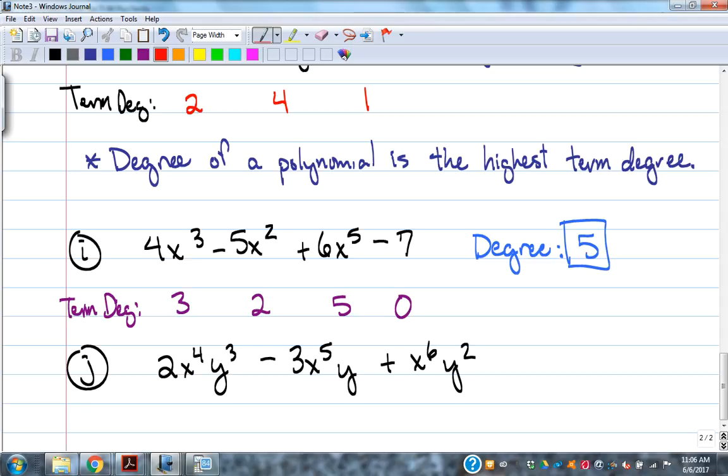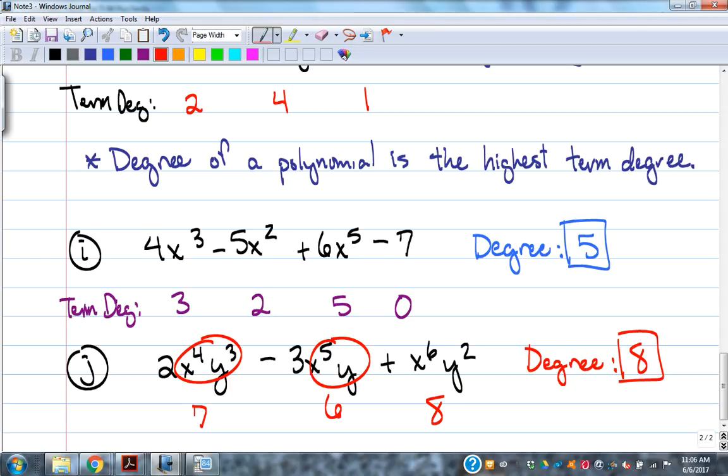What's the degree of the first term? We got 4 and 3, so it'd be 7. What's the degree of the second term? 6. The degree of the last term? 8. So the degree of the whole polynomial is 8, the biggest one.